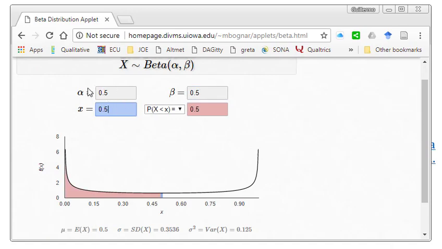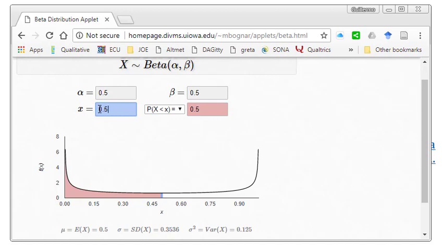So here we have alpha 0.5, beta 0.5, and we've got this distribution where the likelihood of values very close to 0 is very large, the values close to 1 are very large, and the ones in the middle are much lower. Here it gives us a probability mass, and here is a value.